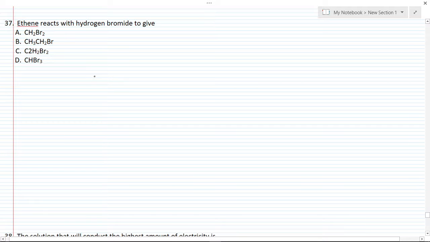So we have two carbons to react with hydrogen bromide. Ethene happens to be an alkene, and alkenes are known to partake in addition reactions.